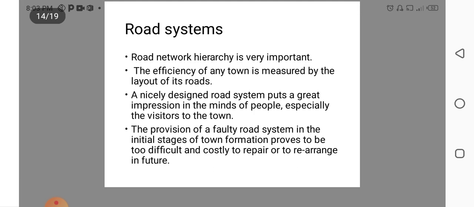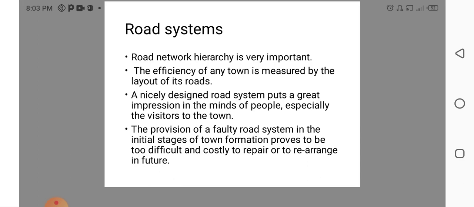Road system. Road network is very important. The efficiency of any town is measured by the layout of its roads. A nicely designed road system puts a great impression in the mind of people, especially the visitors to the town.